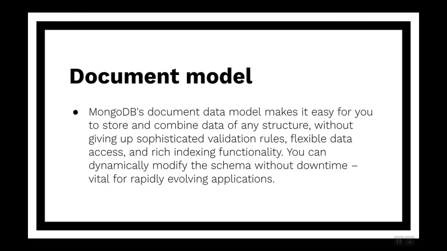This gives you flexibility to select your choices for data modeling based on the application that you're building. You can dynamically modify the schema without downtime, so this is perfectly suitable for rapidly evolving applications. Moving on.